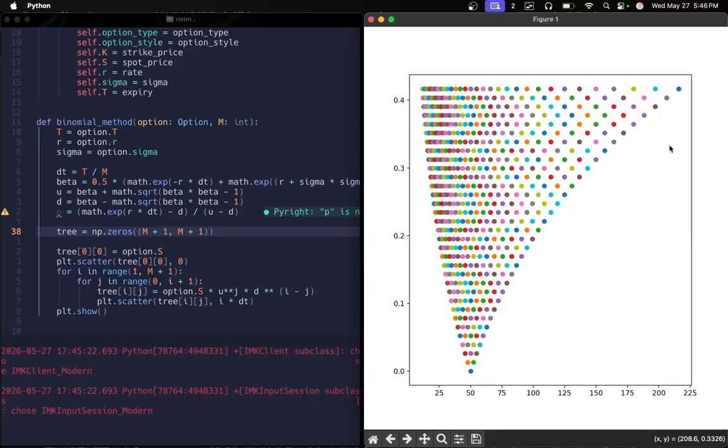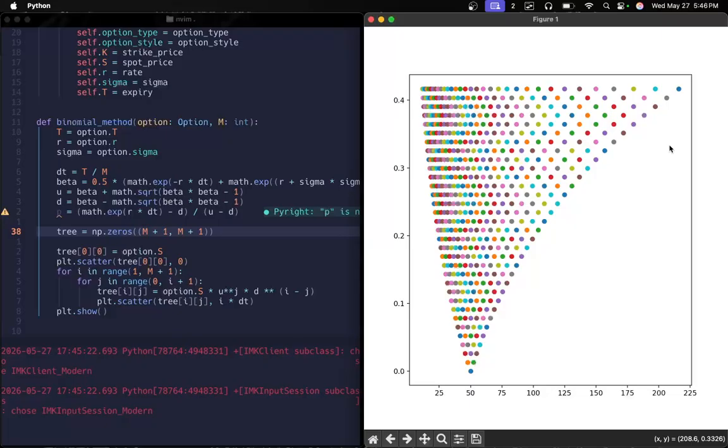And that's important for options because we need to find a fair value for the option right now where you can't arbitrage it. That makes sense. And m increases to become more and more accurate.